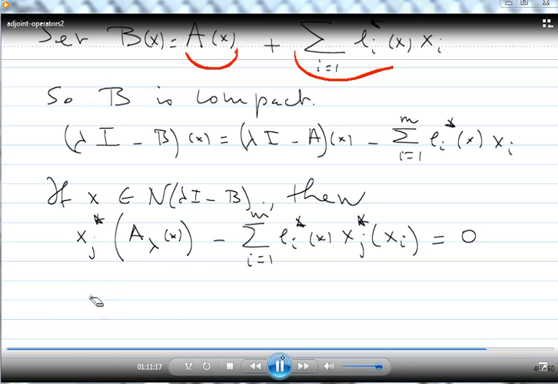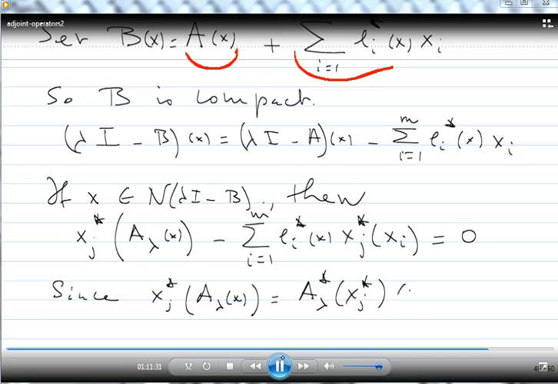Since xj star of A lambda x is A lambda star of xj star of x, and this vector is 0 because they belong to the null space of A lambda star. The xj span it, so this will be equal to 0.